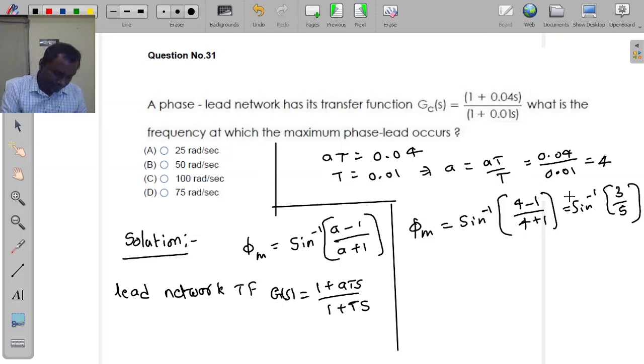Shift sine inverse. Phi max is sine inverse 3 by 5, which is 36.87 degrees.